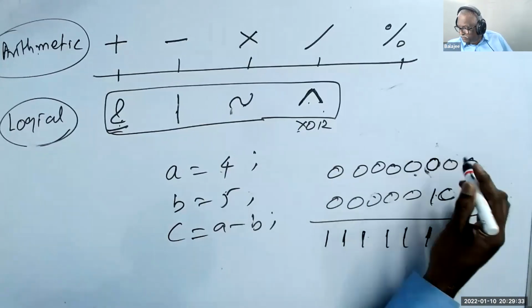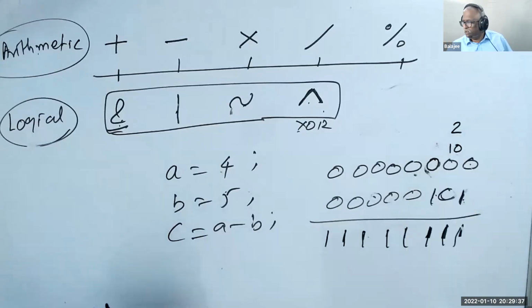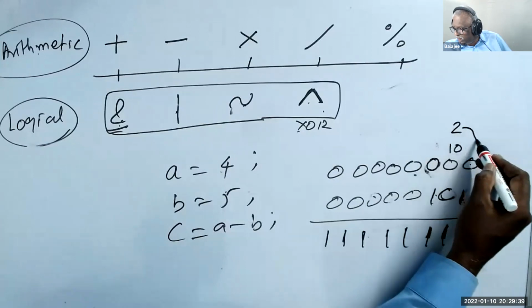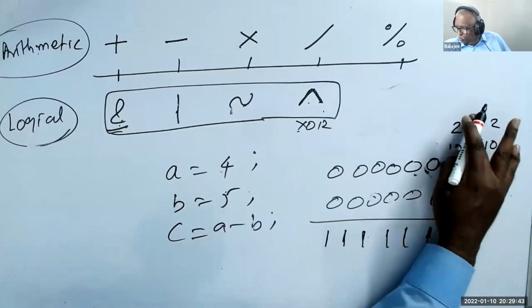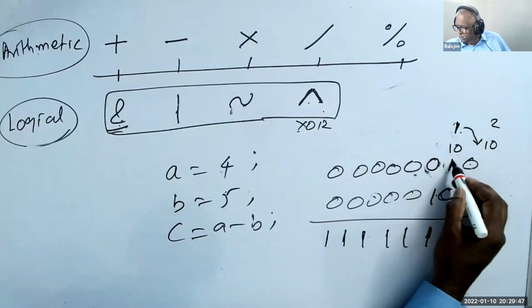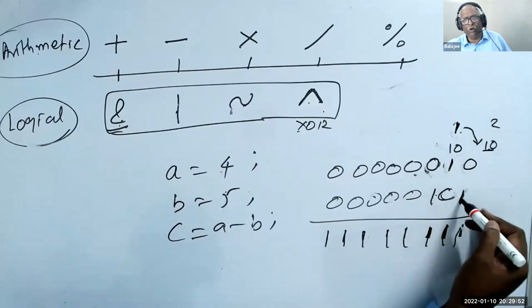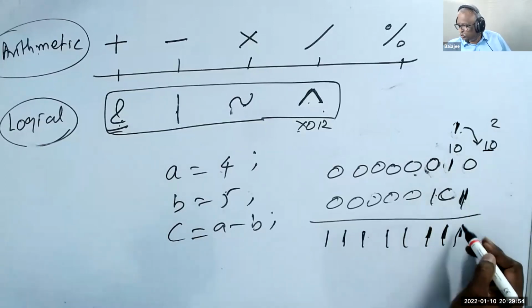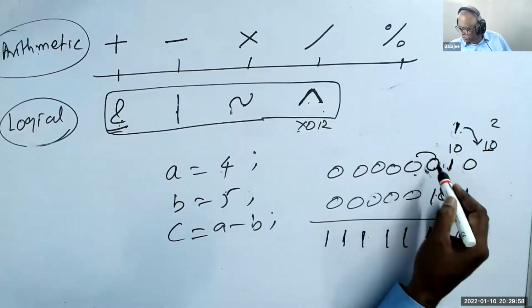And this becomes 10. 10 means 2 in binary. Now I borrow here 1. So this becomes 10, that is 2. This becomes 1. And this becomes 1, 0. I subtract 1, becomes 1. This guy is 0. I borrow 1 here. This becomes 1, like that.